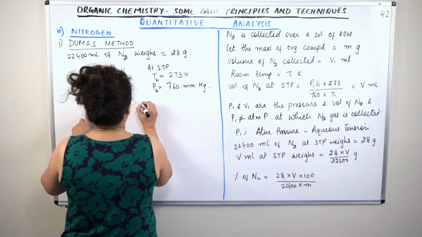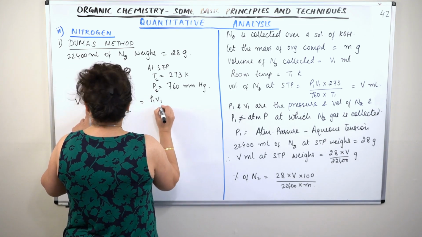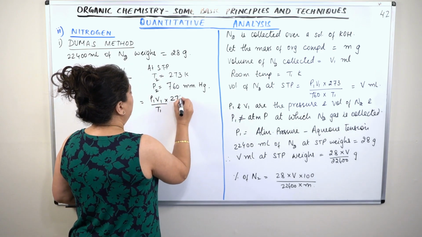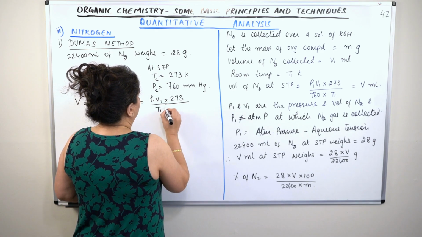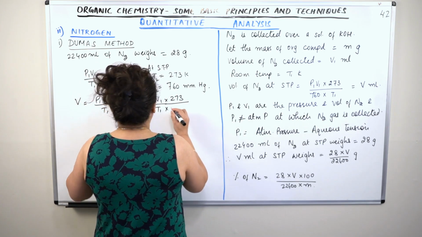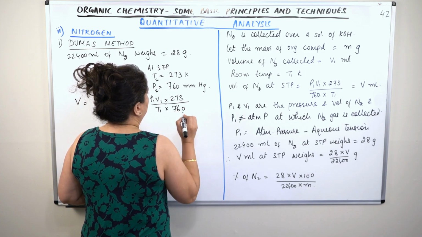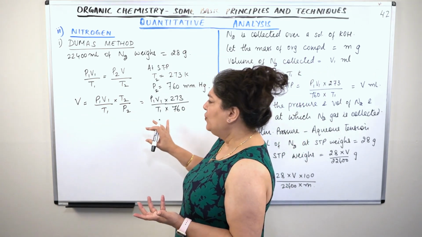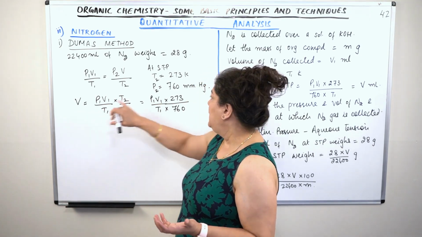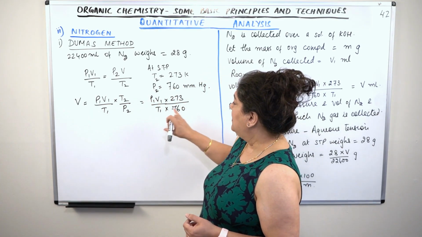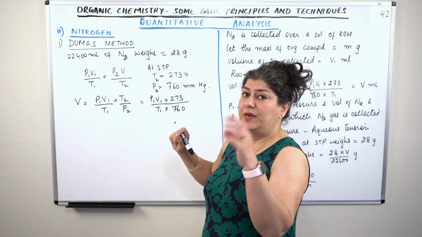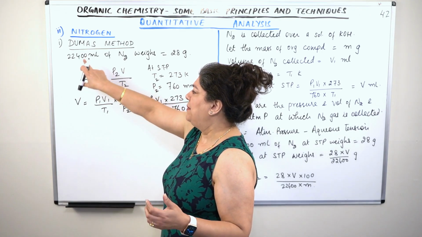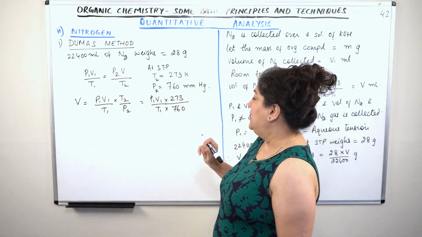If you substitute this, this would be equal to P1V1 upon T1 into 273 Kelvin, and P2 is 760 millimeters. Why have I deleted the units? Because you will always get the volume in milliliters here. Since we have taken this as ml, we'll assume that what we are getting is milliliters.